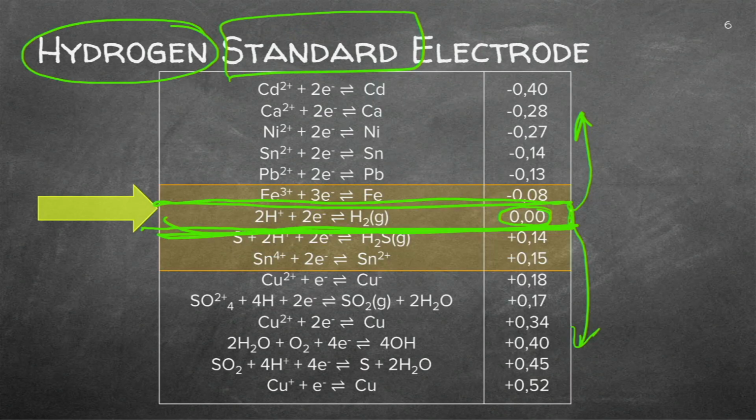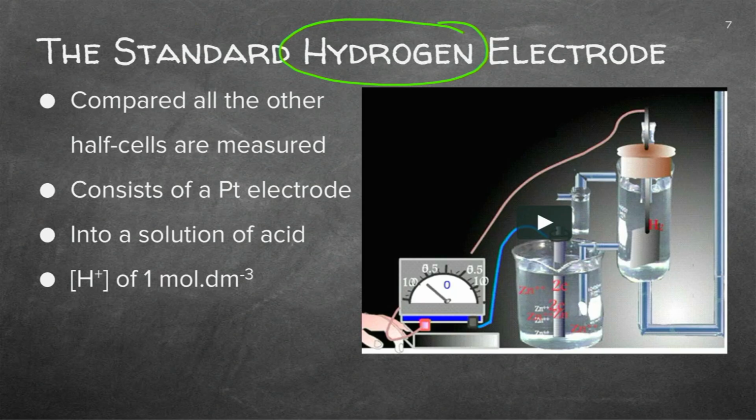If we have a look at this reaction here, you'll see it's 2 hydrogen ions plus 2 electrons, and it can either go to hydrogen gas or hydrogen gas can be reversed to form the ions. Now we're going to have at least hydrogen gas. So it's hydrogen gas, and we are going to compare all the others to the standard that we have here.